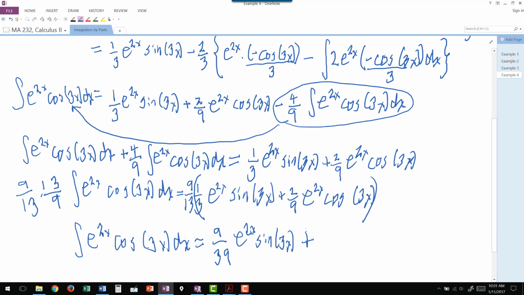The 9's cancel and will give me 2/13 times e to the 2x cosine 3x. And as usual, we have to remember, since we have an indefinite integral, we have the constant of integration plus c. And finally, we have our final result.